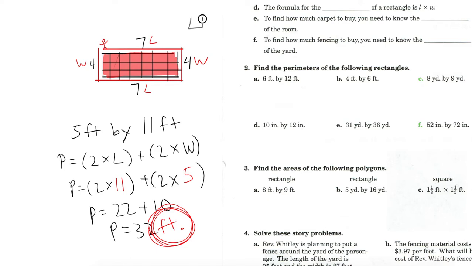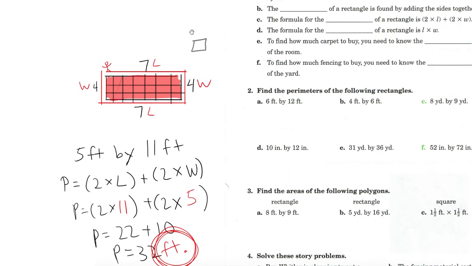And remember that area is broken into square units. So if I was trying to cover my house with this red carpet here, how many square feet of carpet do I need to buy in order to cover up my whole rectangle here, my whole home? So that's what area will help you find.